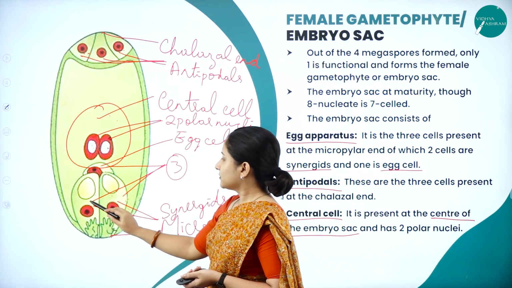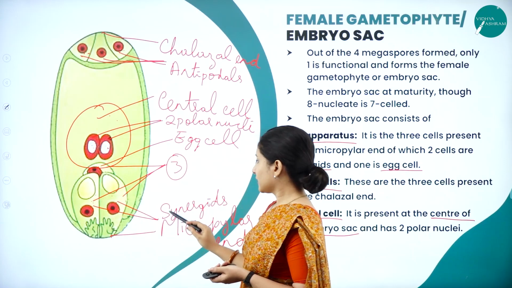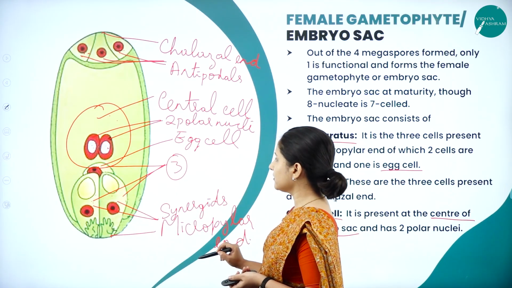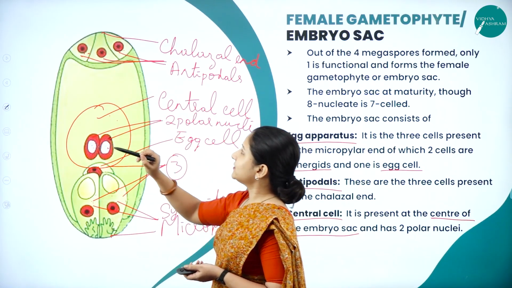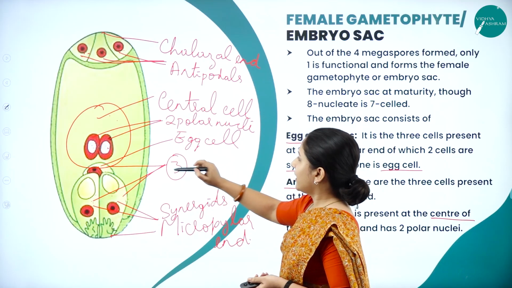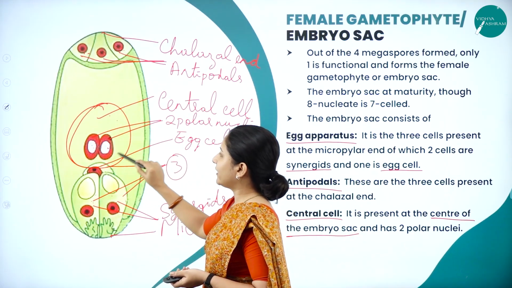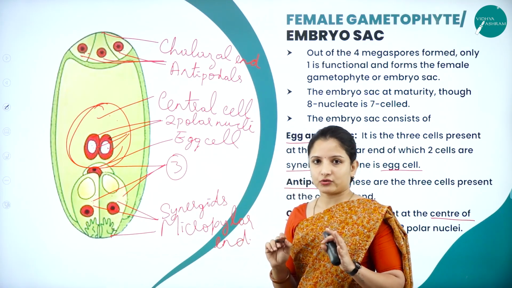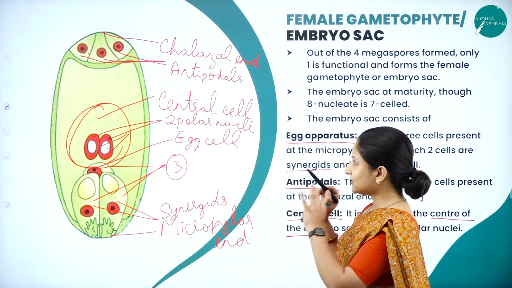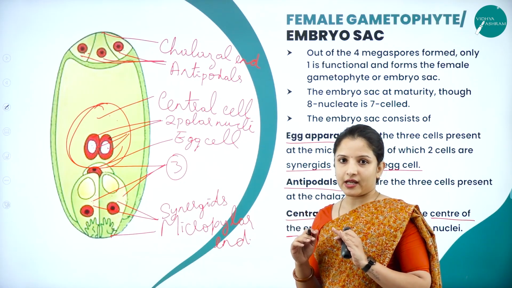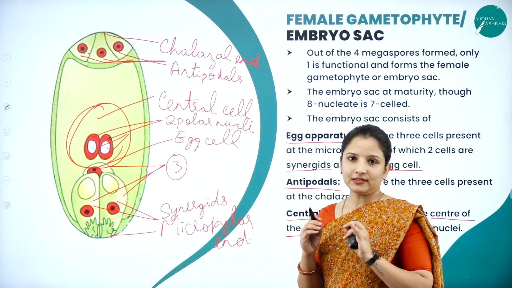Because 3 cells having 1 nucleus each at the micropylar end, 3 cells having 1 nucleus each at the chalazal end, and in the central cell you have 2 nuclei. That is why it is called 8-nucleate. So in spite of the embryo sac being 8-nucleate, it is a 7-celled structure.